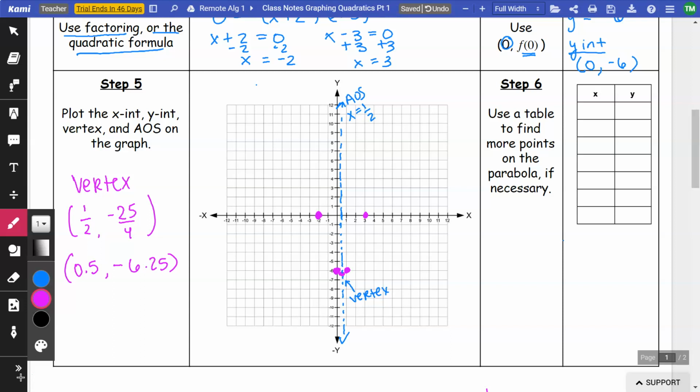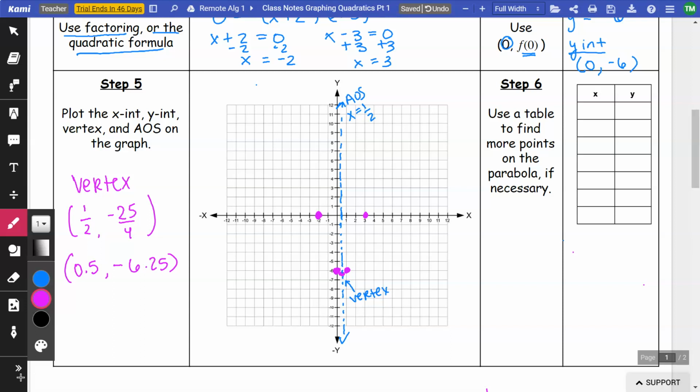Okay. Now, step 6 is if we need to find more points on the parabola, we can. And I just suggest that you use a table. So for example, if I want to know what the parabola does between my y-intercept and this x-intercept, I could plug in the x value that's in between them. So do you see how this x value is 0, this x value is negative 2.